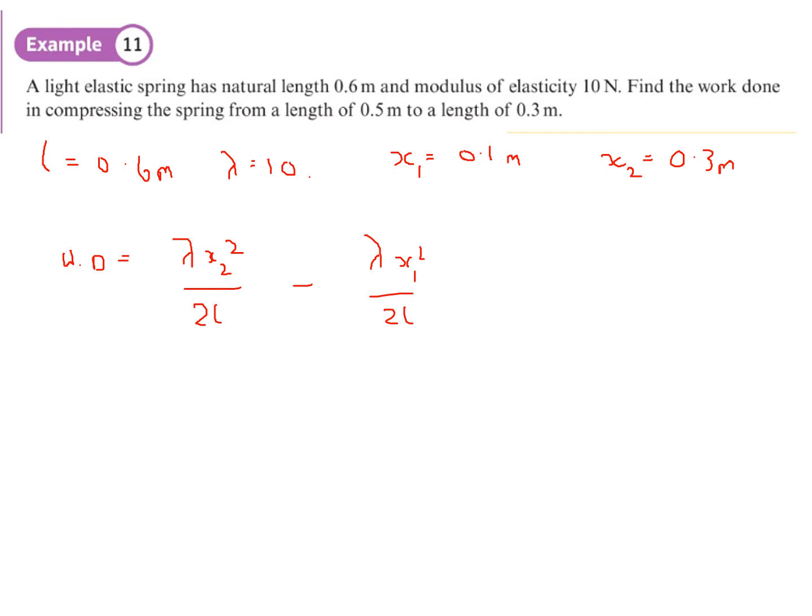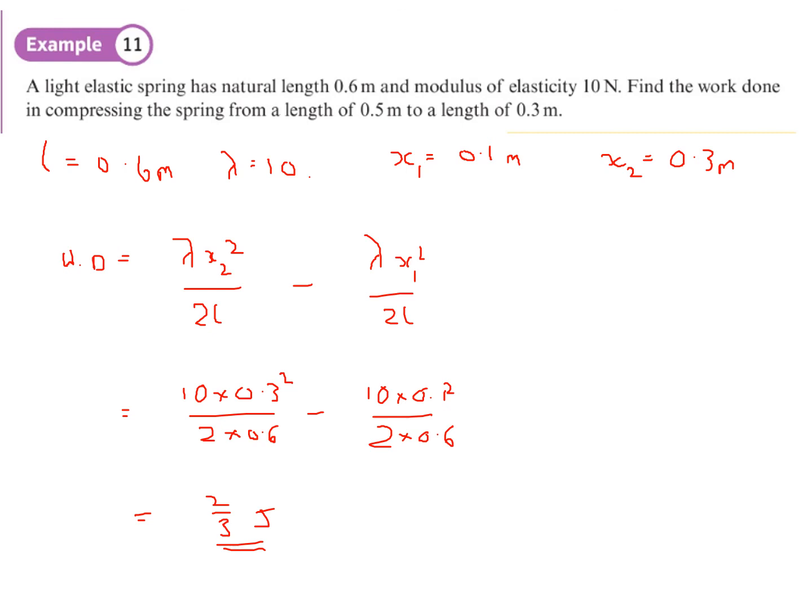So that's the elastic potential energy when the string is 0.3 minus the elastic potential energy when the string is 0.5. So that's going to be 10 times 0.3 squared all over 2 times 0.6, minus 10 times 0.1 squared all over 2 times 0.6, and that simply comes to 2 over 3 joules.